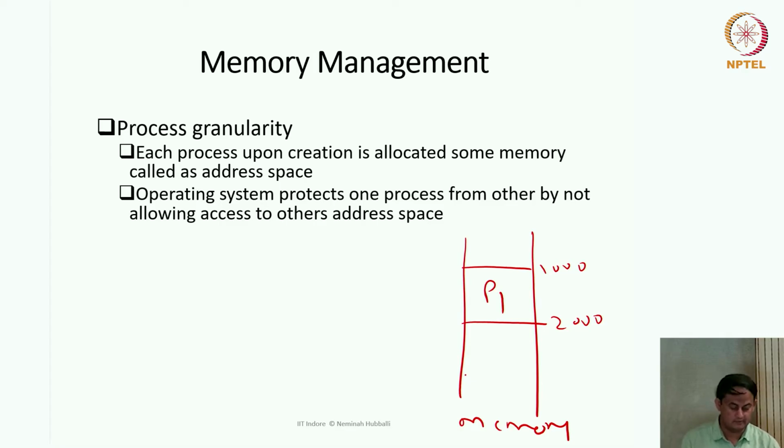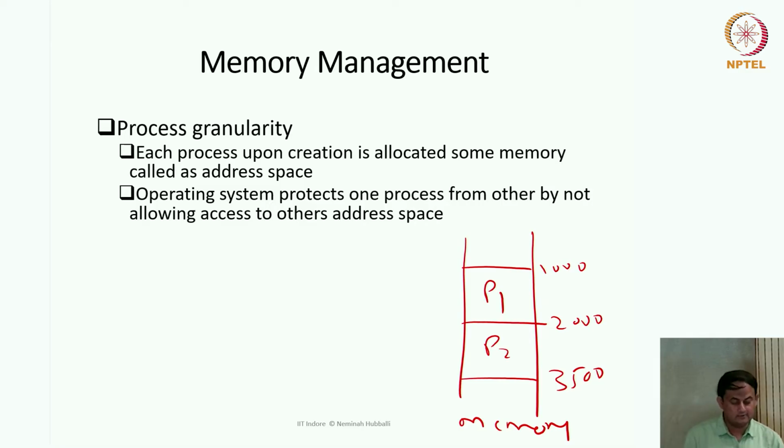Similarly, if I have other processes in the system, maybe P2 is allocated from 2000 to 3500. It depends on how much memory each process requires. The operating system, in particular the memory management unit of the operating system, allocates the requisite memory to each of the processes.